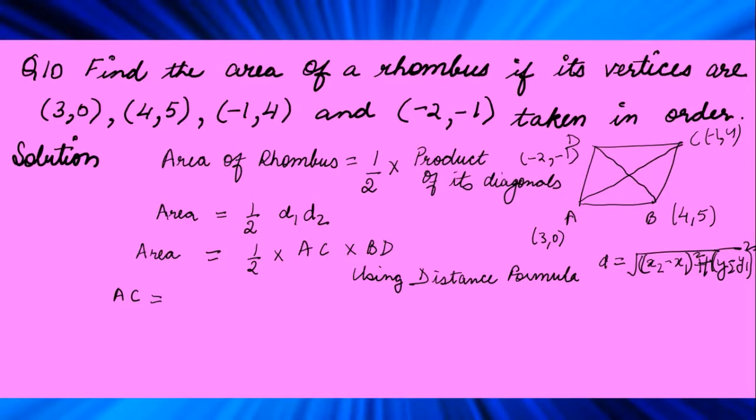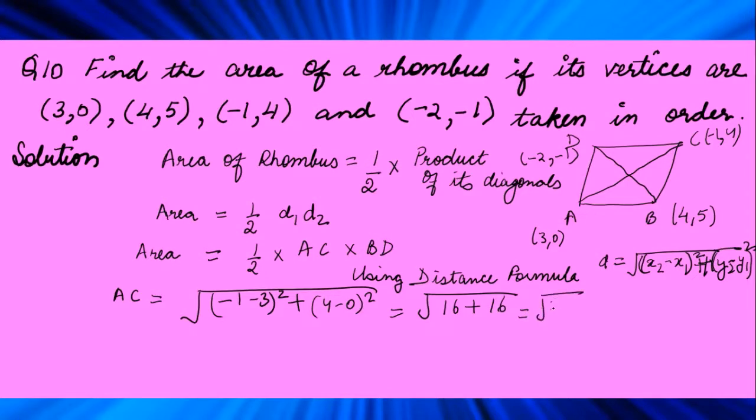So use it. Under root, AC will be (-1 minus 3) square plus (4 minus 0) square. So -1 minus 3 is -4 and (-4) square is 16, plus 4 square is 16, so it will be under root 32, or you can write it as 4 root 2.